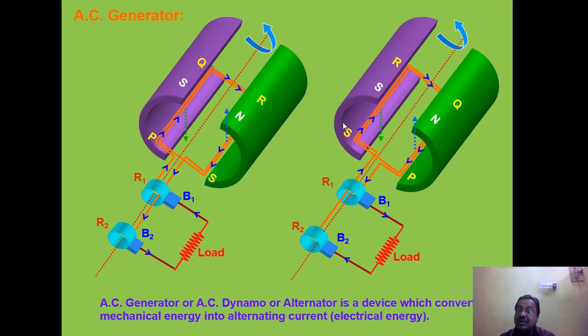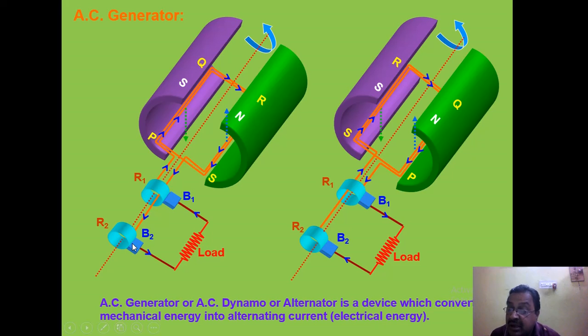Now, the other constituent is slip rings. R1 and R2, these two are slip rings. The two free terminals from the armature, you see, this is one free terminal, this is another free terminal. It consists of a number of turns. One free terminal is connected to slip ring R1, and the other free terminal of the armature is connected to slip ring R2.